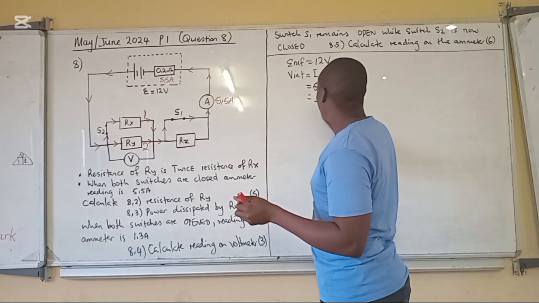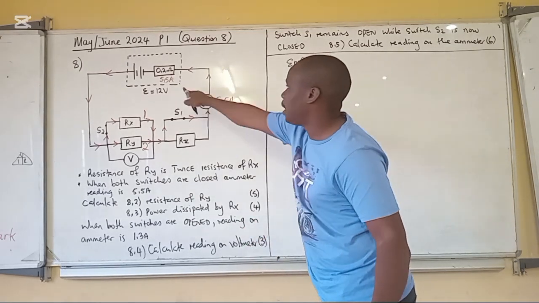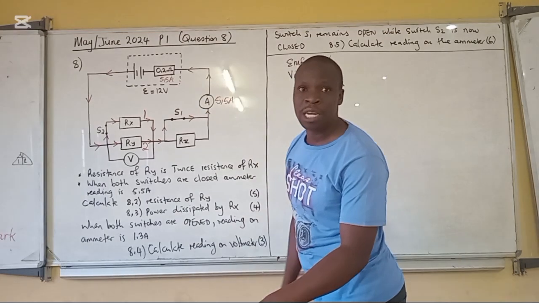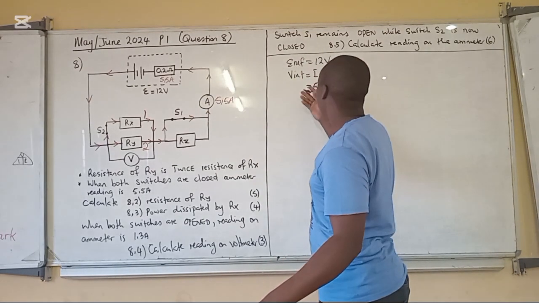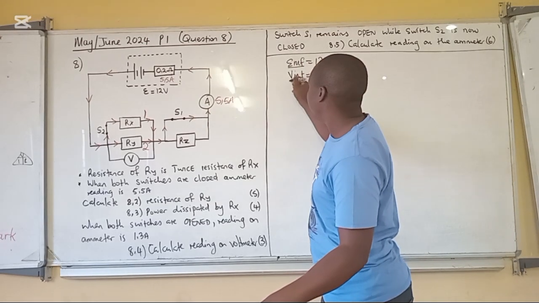1.1 volts. That is the internal voltage, the voltage being used inside the battery by the internal resistance. Okay, now that we have our EMF, we also have our V internal.